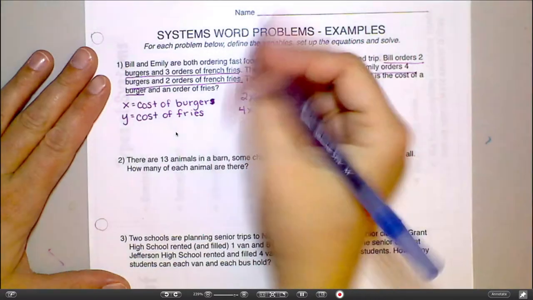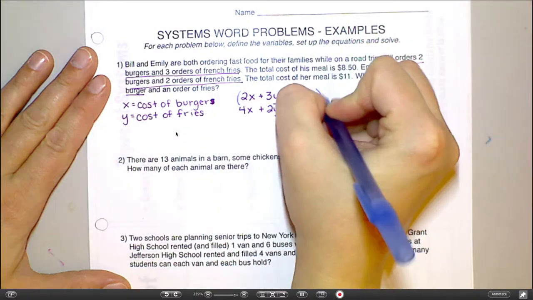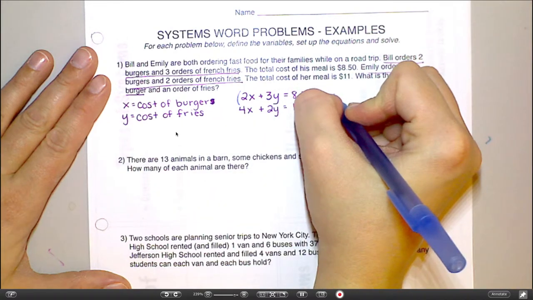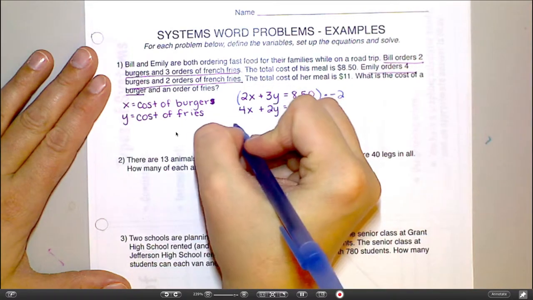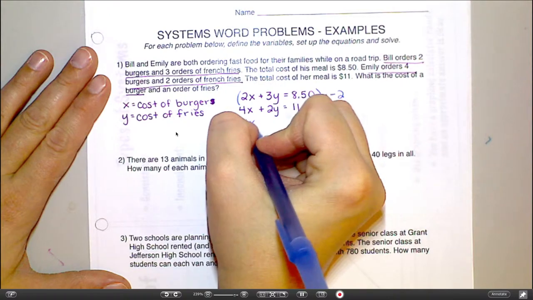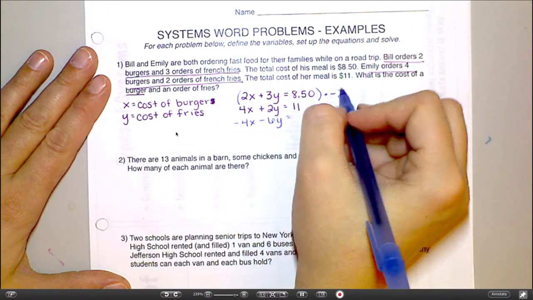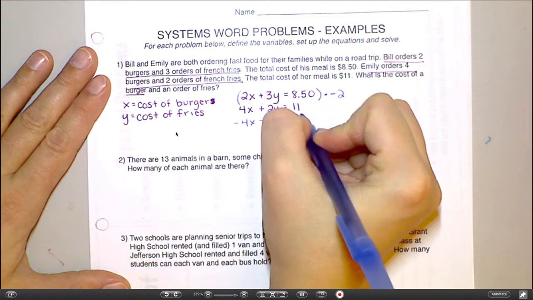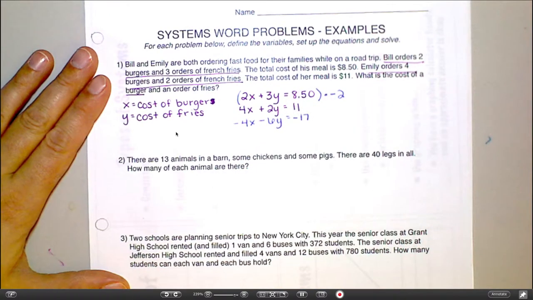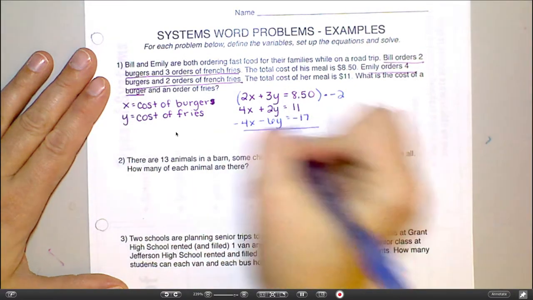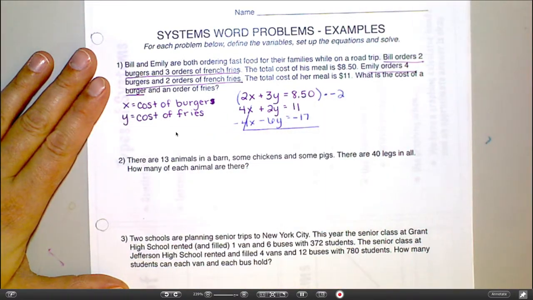If we multiply by -2 on the top, that's going to take care of that. It's going to turn that 2 into a -4. So that's going to become -4x minus 6y equals -17. -2 times 8.50 is going to be -17. Add together, so those cancel.